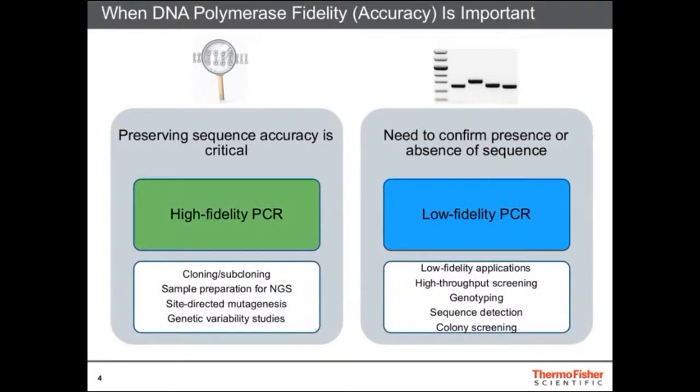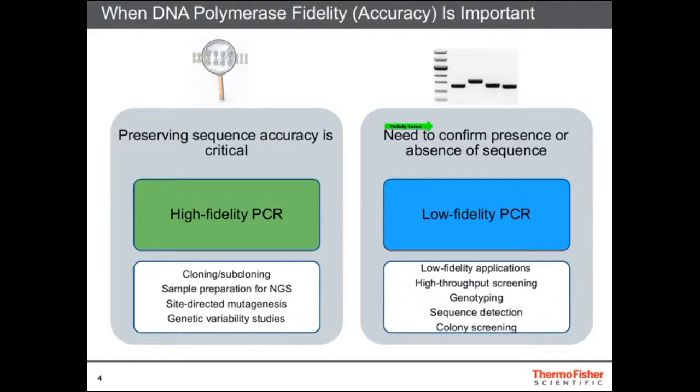So when working with PCR, in some cases, the fidelity or accuracy of the polymerase is very important, but not in all cases. So when you're working in an area where you're just doing genotyping, or you are looking for the presence or absence of a sequence, or you're doing colony screening or something like that, then you may not actually need a high fidelity polymerase.